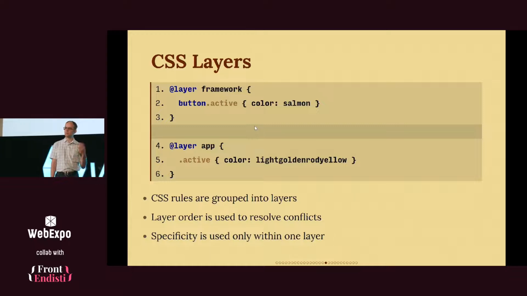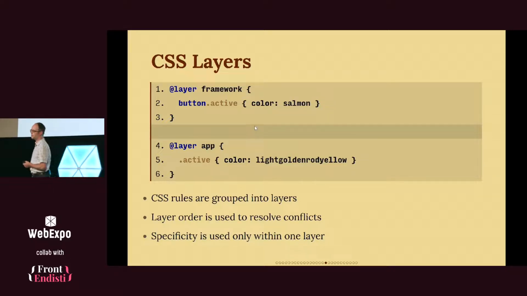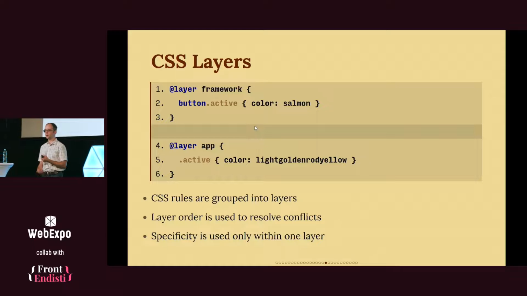We are now able, using these layers, to group our individual declarations into small bins, into named layers. These are established primarily using the at-rule called @layer, and they are also equipped with a name. So in this particular example, we have two layers, the layer called framework and the layer called app.